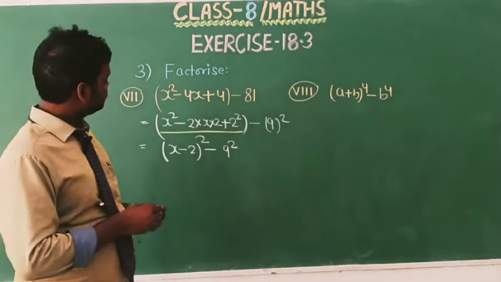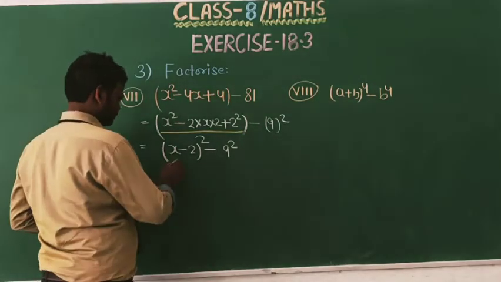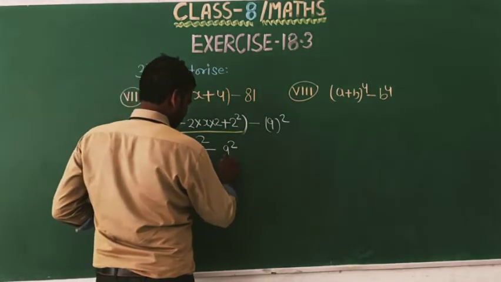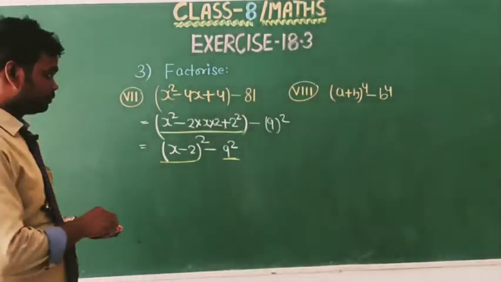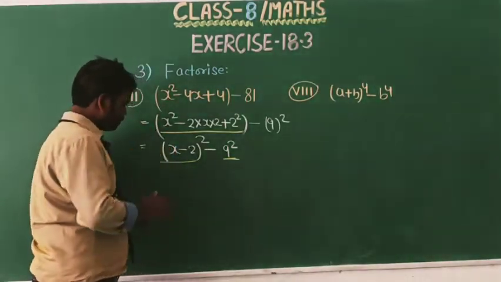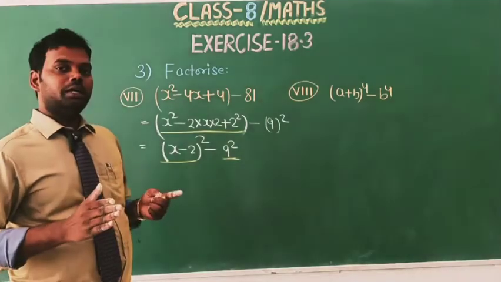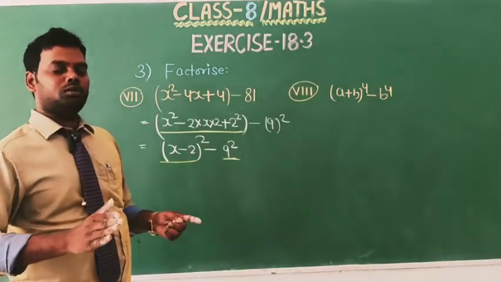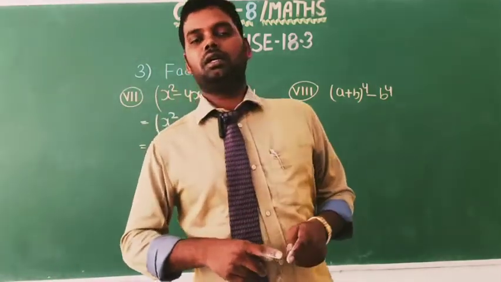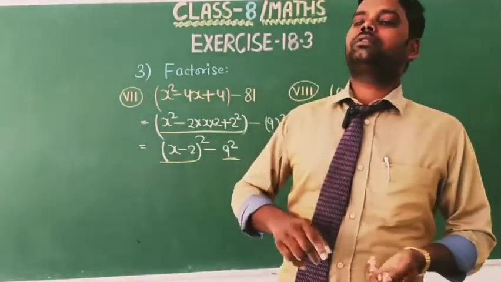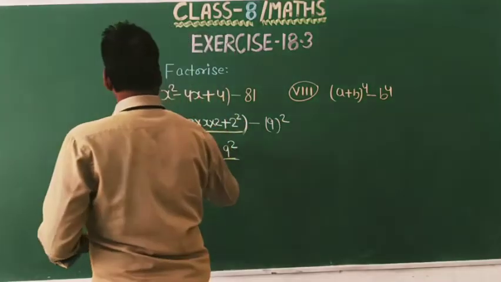Okay, and now from here using the identity a square minus b square equal to in one bracket a plus b and in the other bracket a minus b.